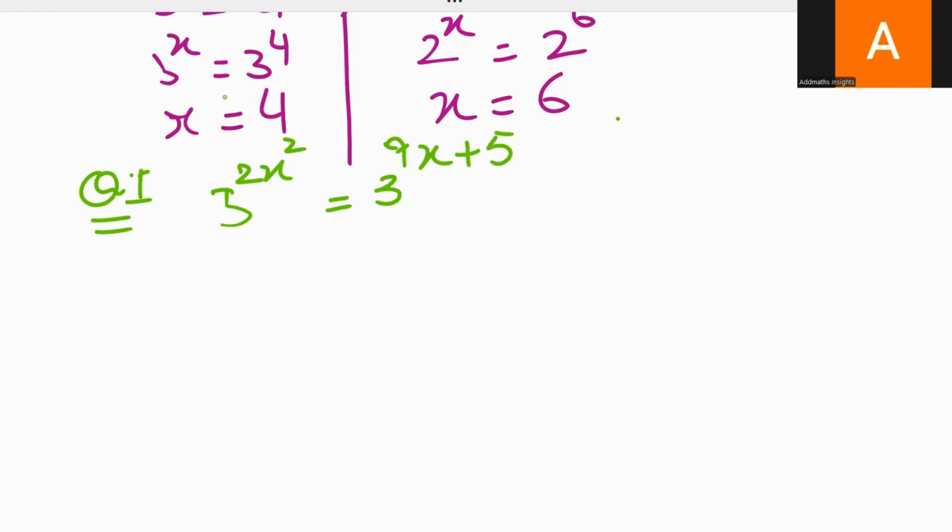Now you have to solve it. To solve it means that you have to find the unknown variable x. And this is an exponential equation.